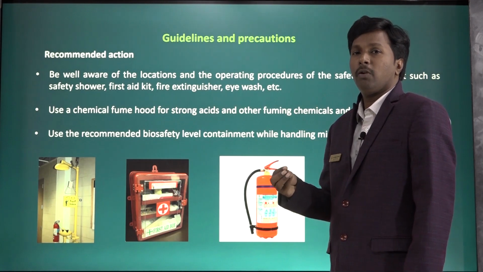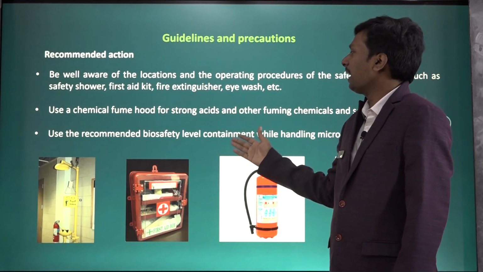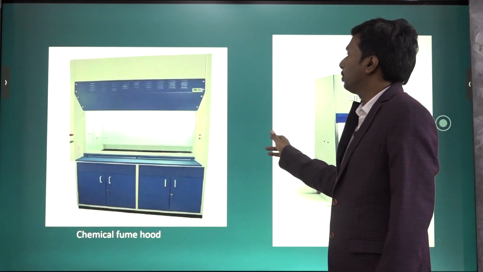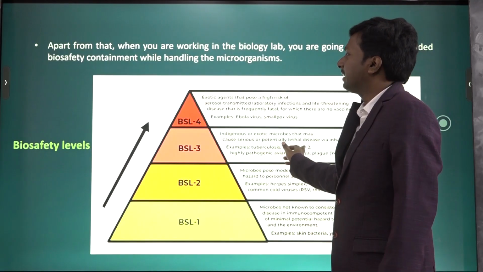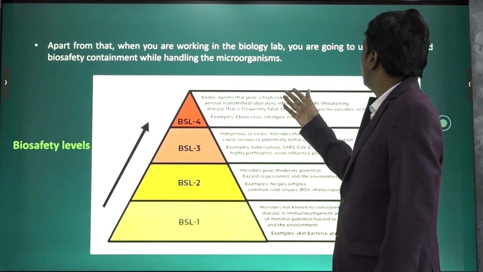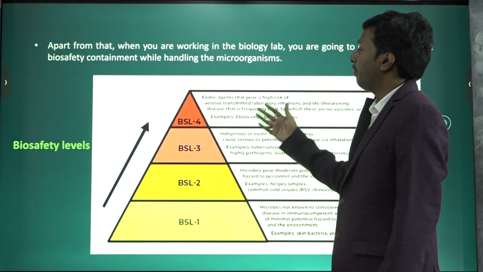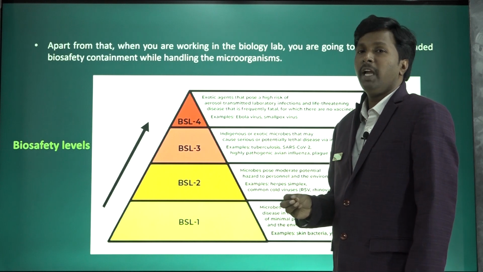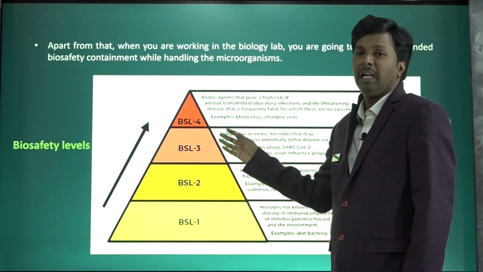Today we are going to start with using the recommended biosafety level containment while handling microorganisms. As I said earlier, whenever we want to work in a biological laboratory, we have to use the recommended biosafety containment while handling microorganisms. So today I am going to discuss biosafety levels.